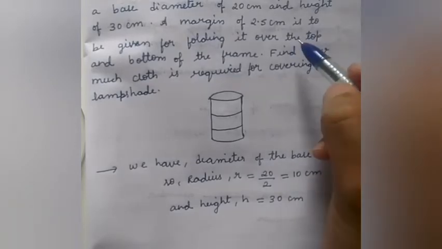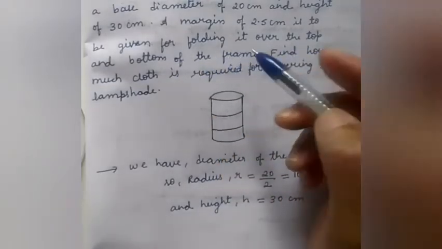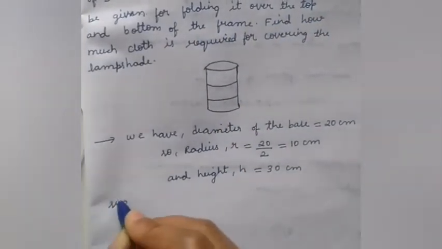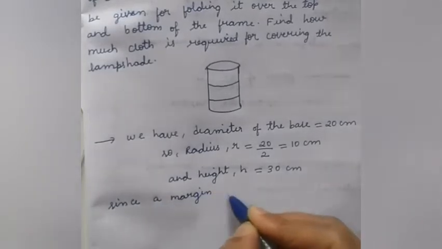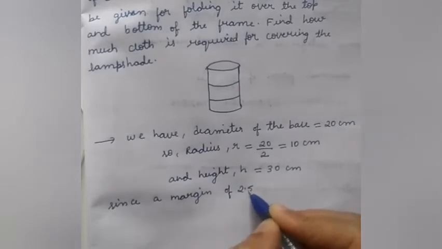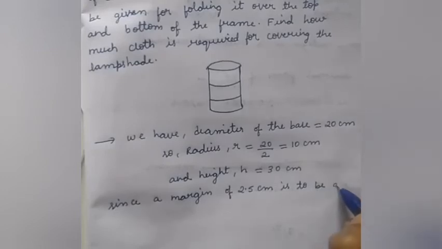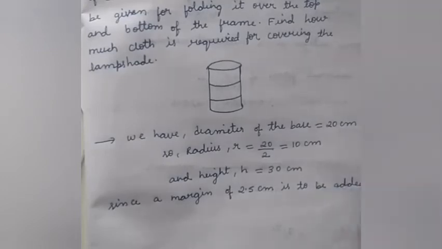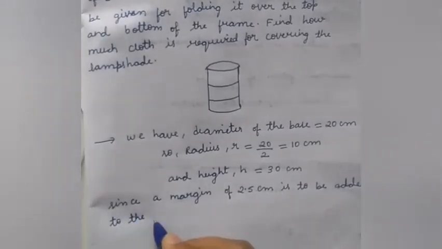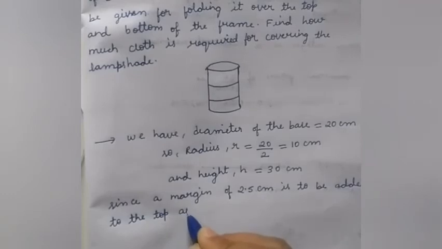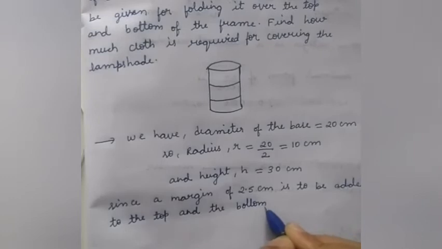And since they have told that margins are to be folded over the top and the bottom of the frame, a margin of 2.5 centimeter is to be added to the top and the bottom.